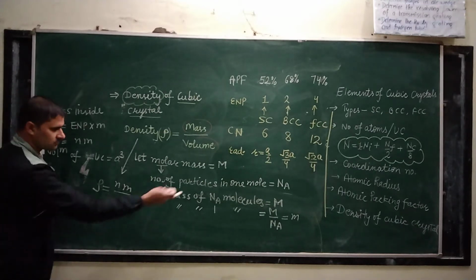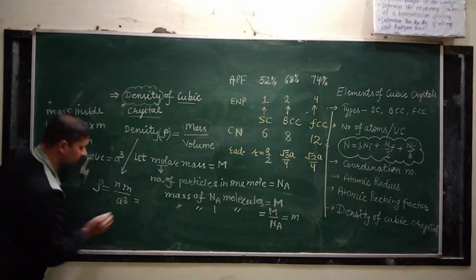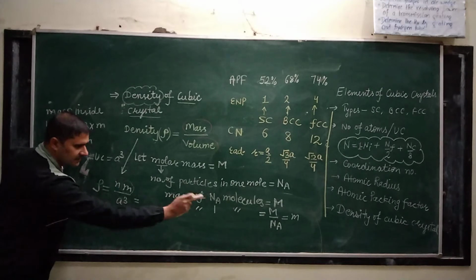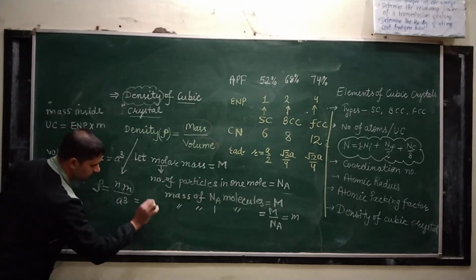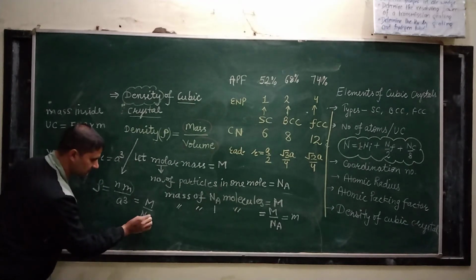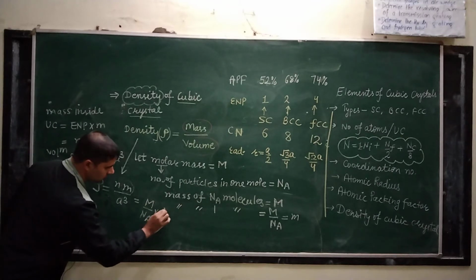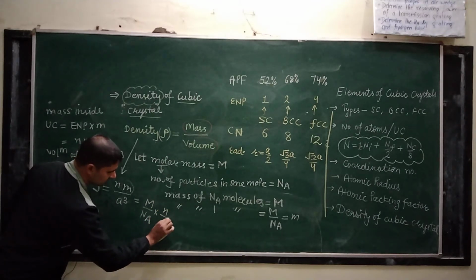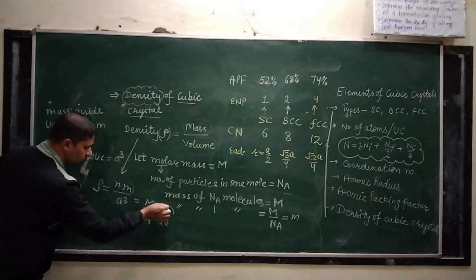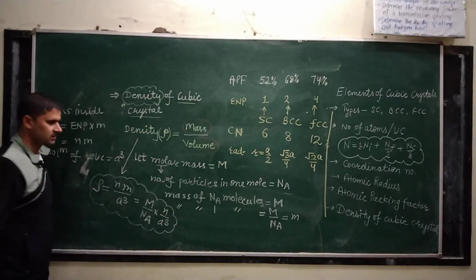Okay, or in terms of molar mass and Avogadro number, you can write this formula by putting the value of small m, that is the molar mass divided by Avogadro number, this is the mass of one molecule, into n divided by the volume of the unit cell. So this is the formula to find out the density of the crystal.